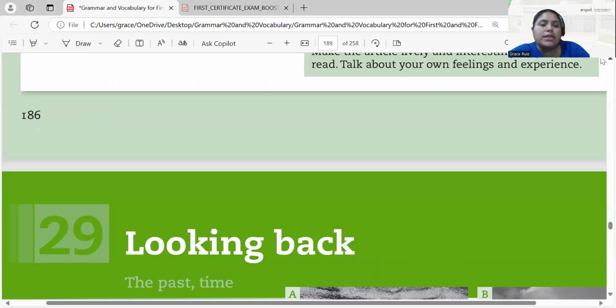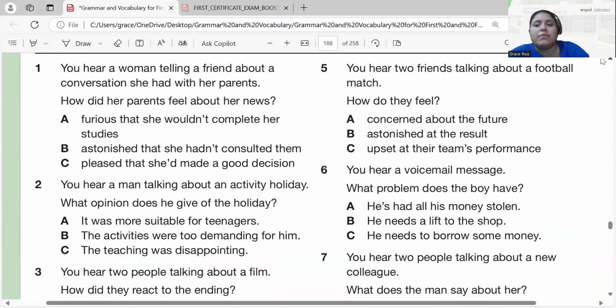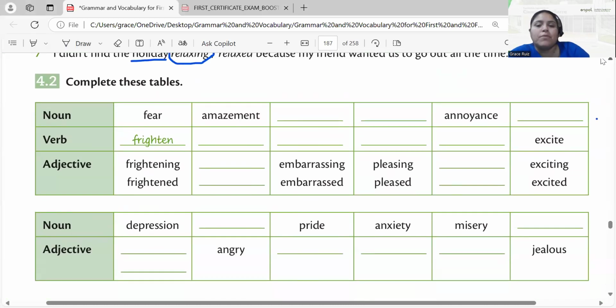And what are the tables about? The tables are about feelings, yeah? But we are going to draw into use of language, yes? And for this reason, it is very important that we know the meanings of words and how we can use them in part 4 of the exam.